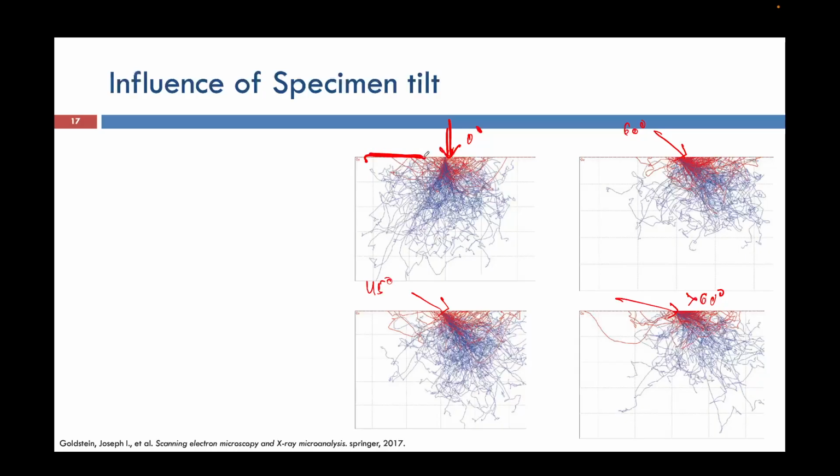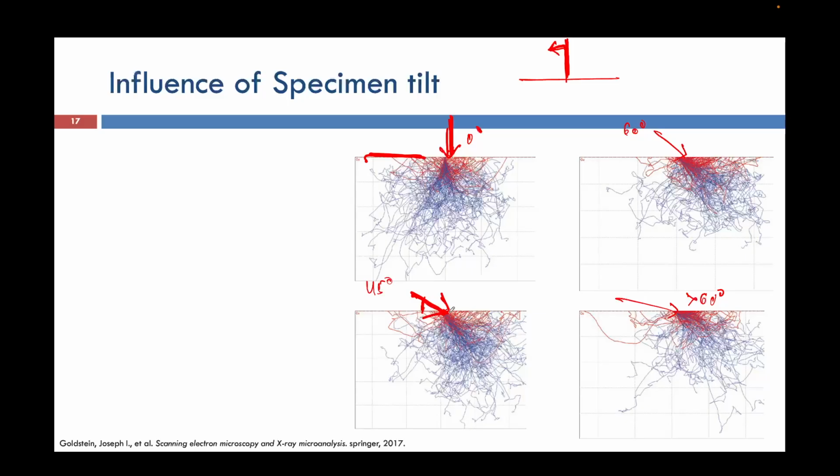And when it starts increasing, that means this tilt is increasing. Currently it is 0 degrees. So remember, the tilt is always counted from this side. This is the normal. If you are talking in terms of interaction volume, then tilt will always be considered from this one. So this one will be considered as 0 tilt, this one will be considered as 45-degree tilt.